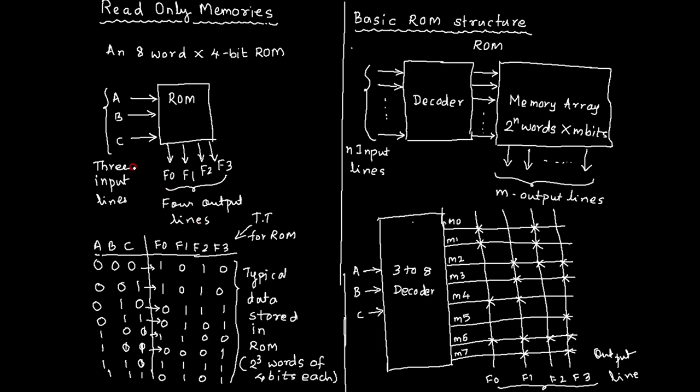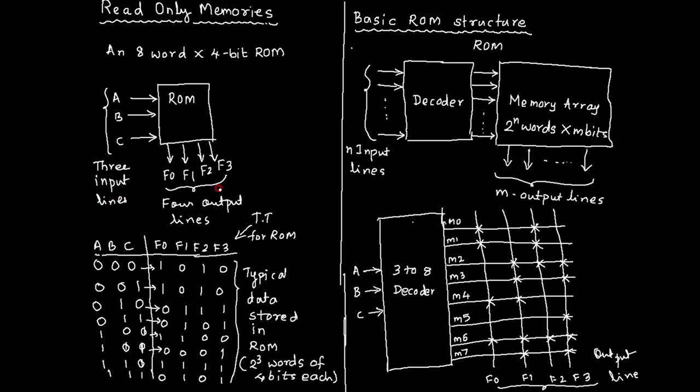So 8 words of 4-bit each we need to store. So we need 3 input lines which can act as input for the decoder, and in turn these 3 input lines can store 8 different sets of output values, 0 to 7, M0 to M7 we have shown here.